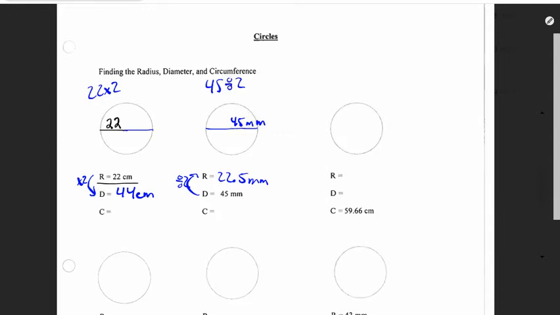Now the circumference, what you're doing when you find the circumference is trying to find the distance around the outside of a circle. So in this case, I want to know all the way around the outside. That is what the circumference is.